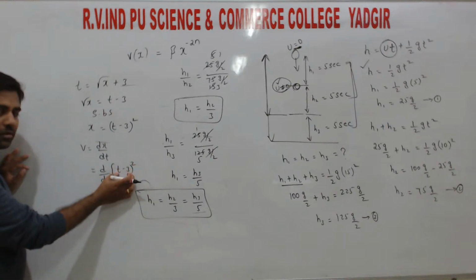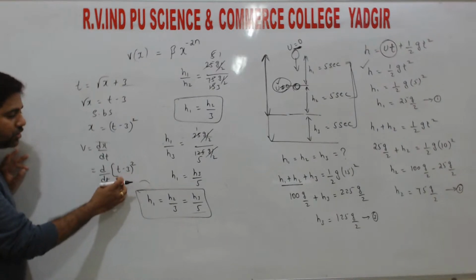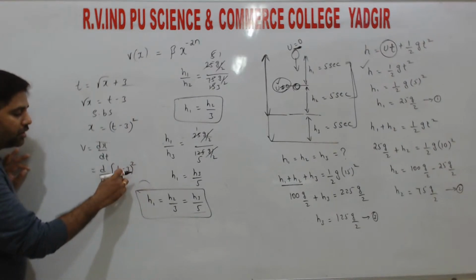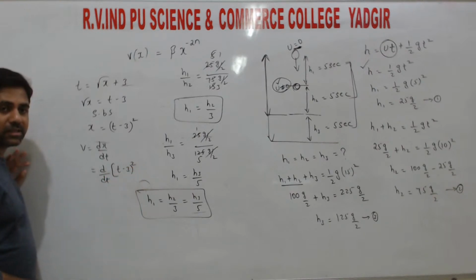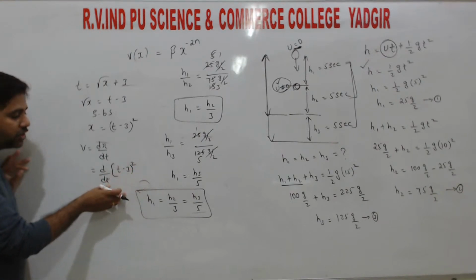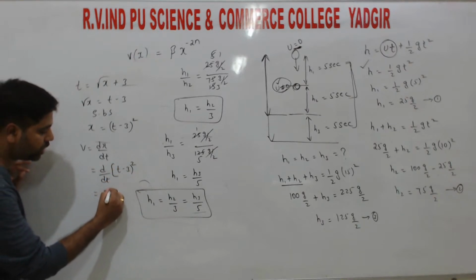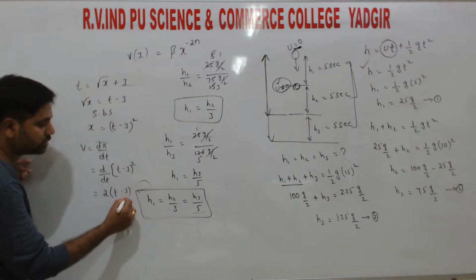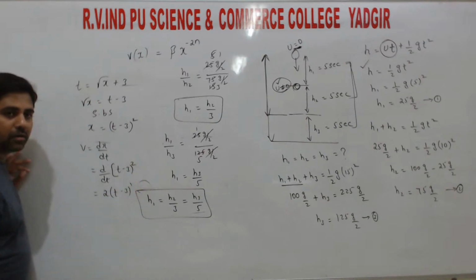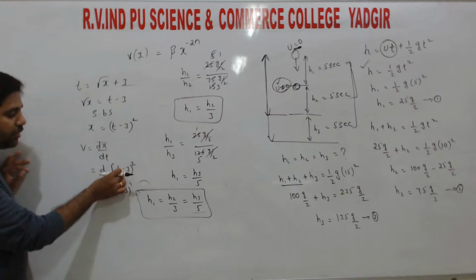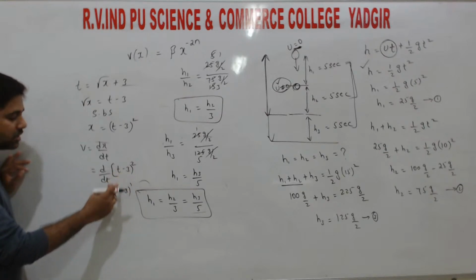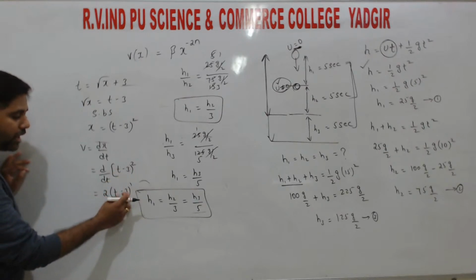Either we can expand it, t square plus 9 minus 6t, and differentiate, or we can differentiate directly. Directly differentiating, we get 2 into t minus 3, and dt by dt cancels.